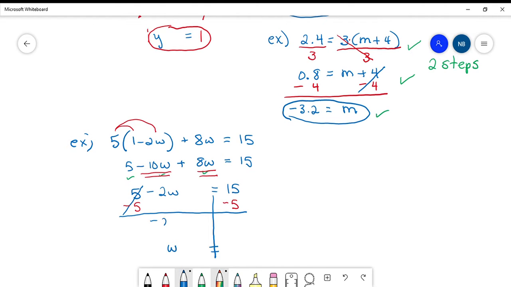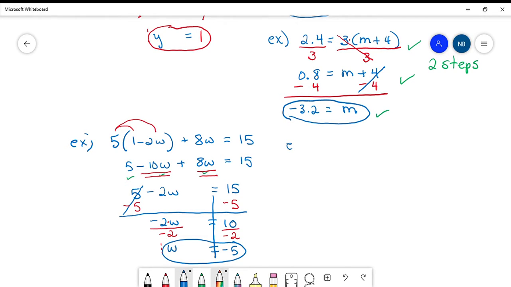I have negative 2w equals 15 minus 5 is 10. Now the negative 2 is being multiplied by the w, so I'm going to divide by negative 2 because negative 2 divided by negative 2 is positive 1. So I divide the right side by negative 2, and 10 divided by negative 2 is negative 5. And there is my solution.